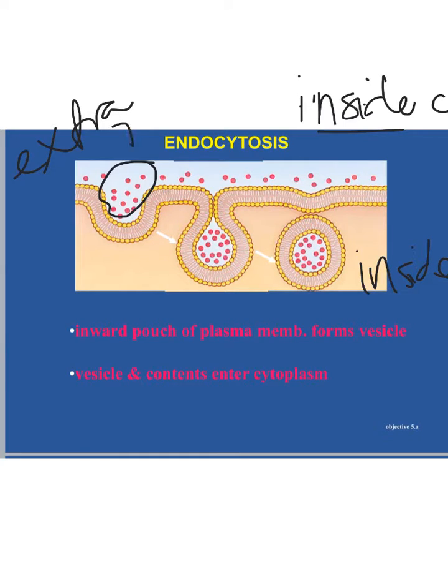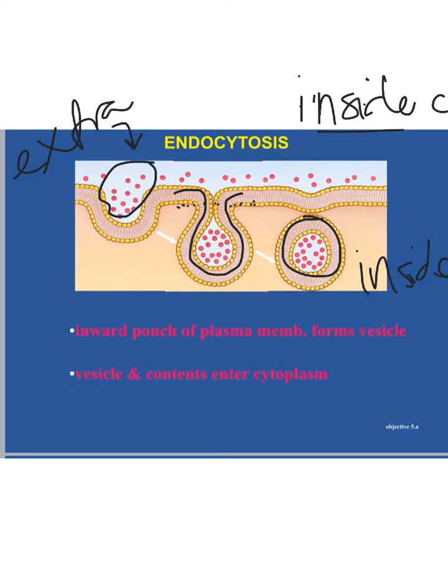You can see we have a large group of molecules that we want to move inside the cell. What happens is the cell membrane bunches up and forms a little pouch that can then be pinched off right here along this dotted line, and we end up with a vesicle that contains all of the molecules that we wanted to move inside the cell.